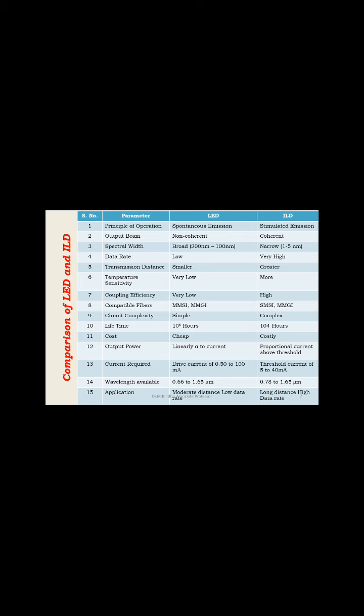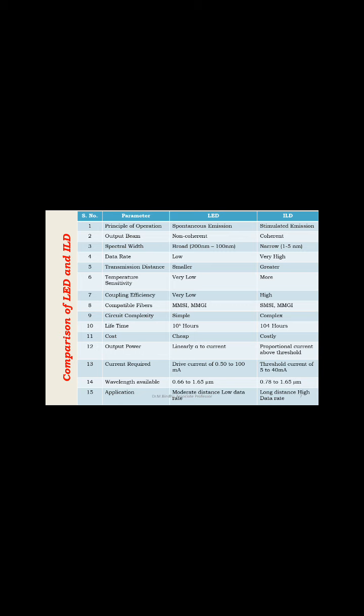Finally, when I want a very small application limited within several kilometers, within an environment, it can be LAN, WAN, anything, you use the LED as the optical source. If I want to talk about very long distance communication of several thousand kilometers from one continent to the other, where the fiber optic may travel around 10,000 kilometers, then laser diodes are used for long distance with high data rate capacities.